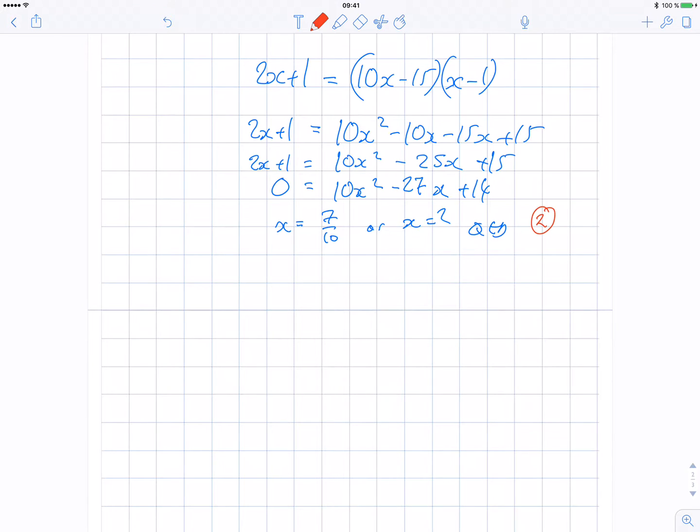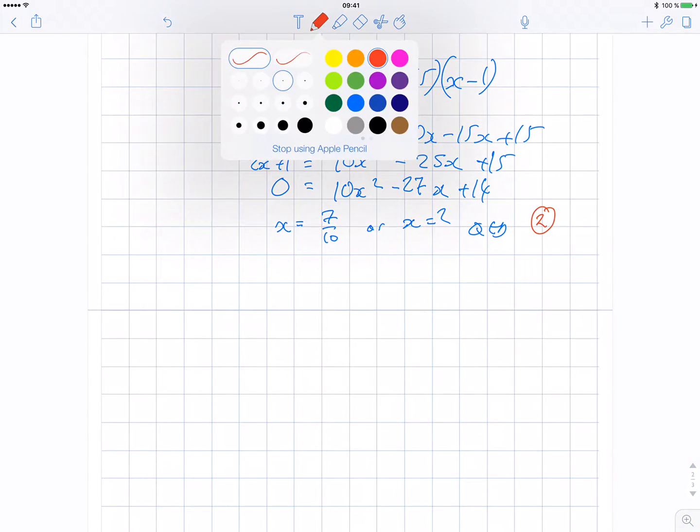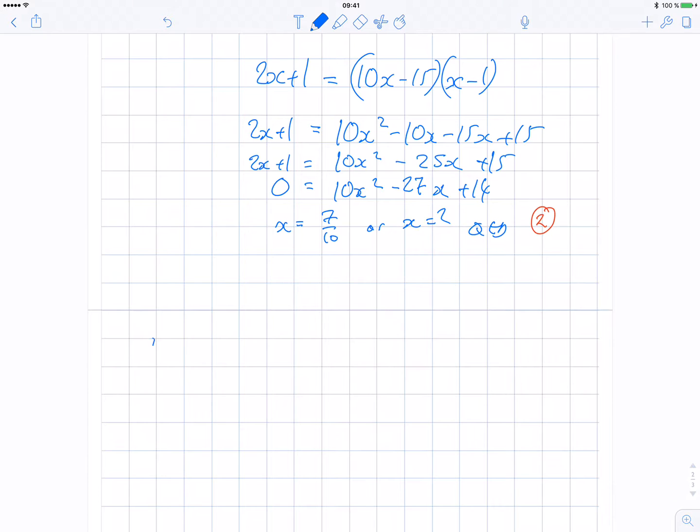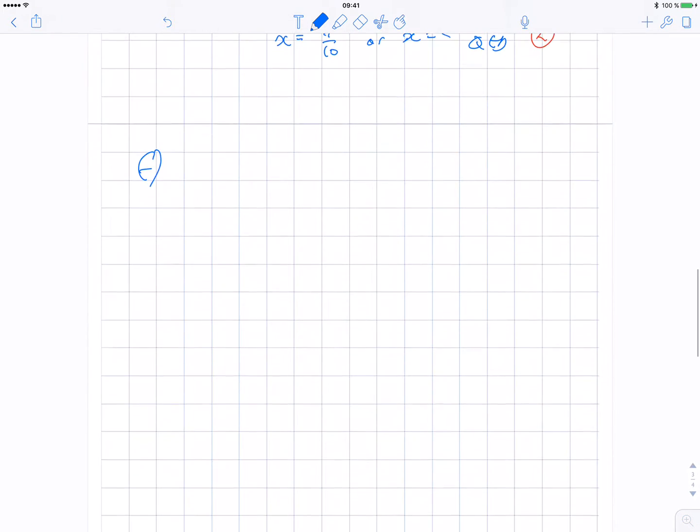Sketch the graph of f of x. I'm going to do this really quite quickly for you. I've plotted them on my calculator. Yours is going to look so much better than mine.